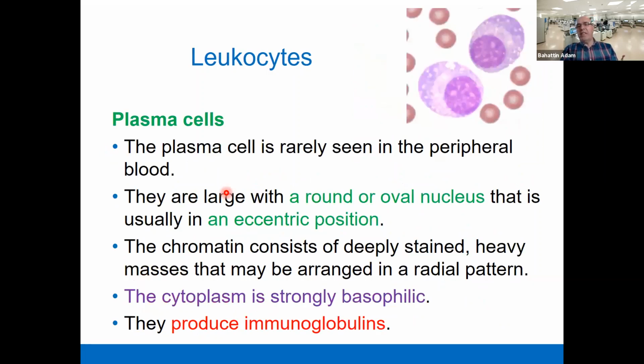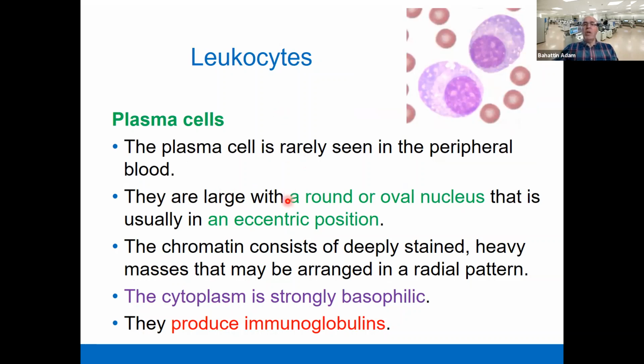Now, as I said, the differentiation of the B cells results in either plasma cells or memory cells. Plasma cells are rarely seen in the peripheral blood.